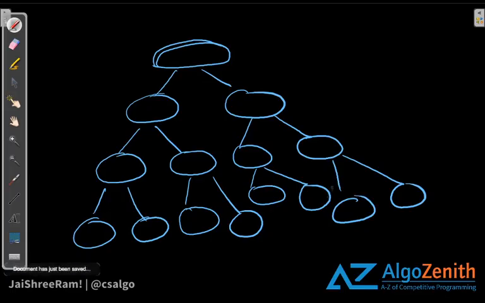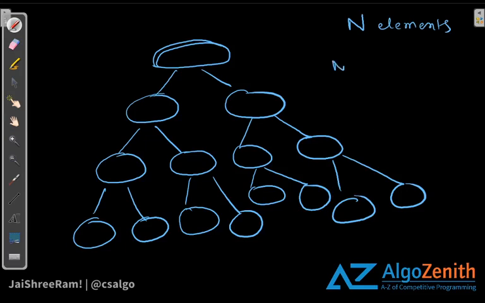Now, the first thing to keep in mind is how many nodes does this tree have? Suppose the original array had n elements. How many nodes does this tree have? There would be n leaf nodes, right?